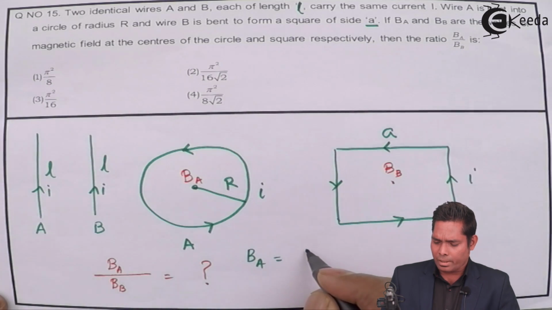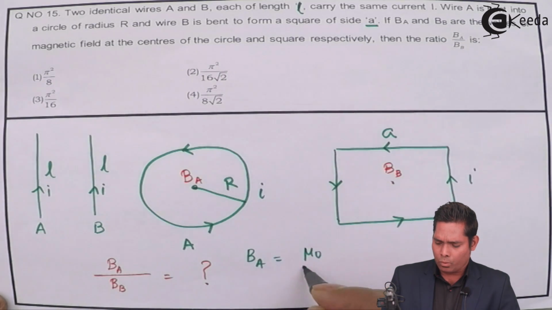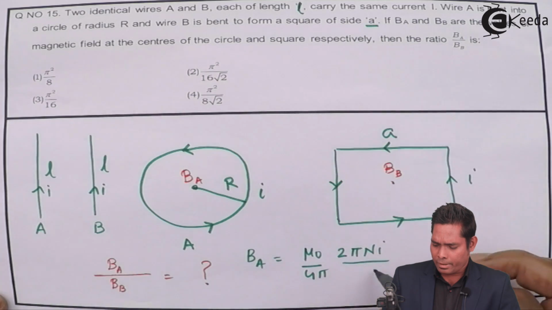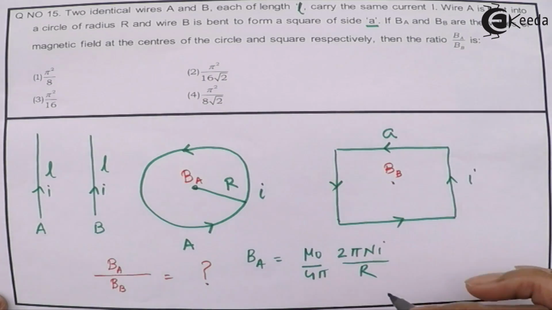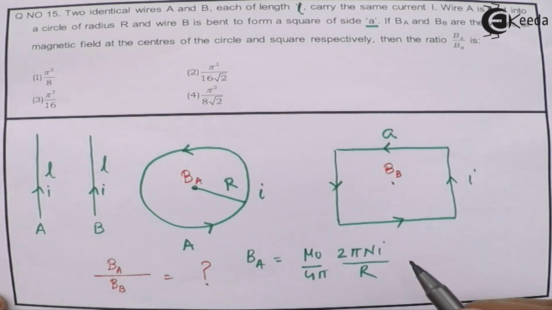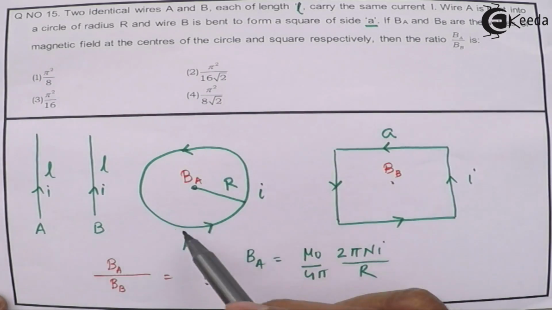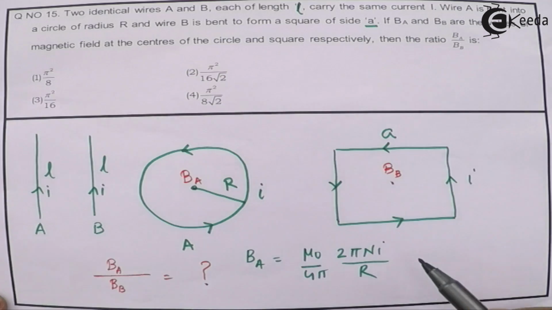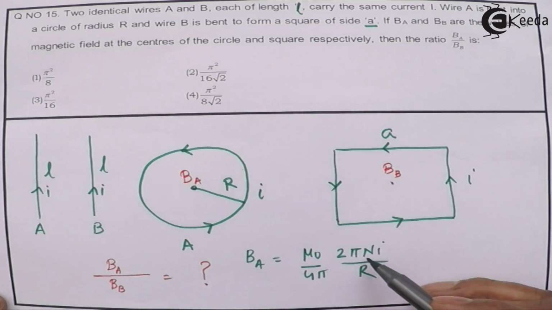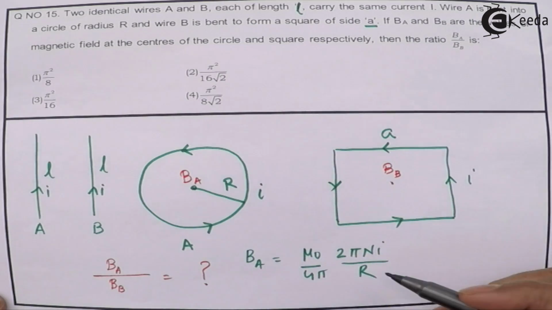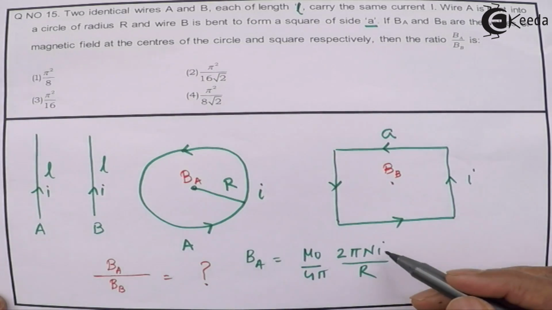The general formula at the center of a circle is mu naught upon 4 pi, 2 pi N I divided by the radius. Here N is the number of turns, which is 1 because it is made to form one coil. Therefore N is 1, the radius is R, and I is the current flowing.